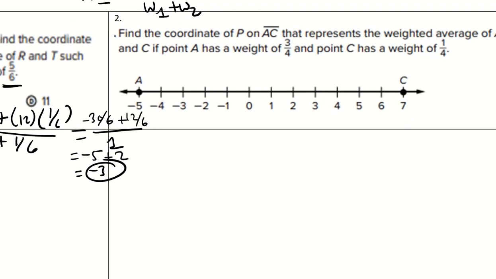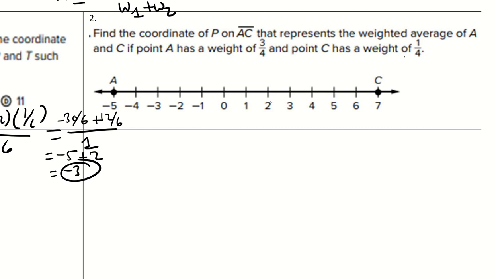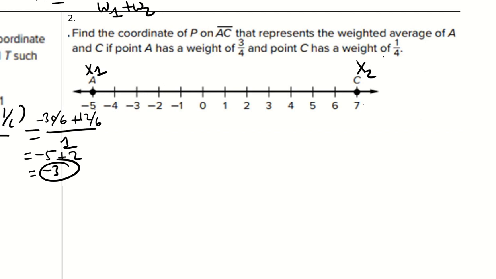Okay, let's do a little bit more practice with that. Find the coordinate of P on AC that would represent the weighted average if the weights are 3/4 and 1/4. All right, so this is x1. We'll call this x2. x1 is -5, x2 is 7. And then we'll just use the weights for w1 and w2 here, okay?